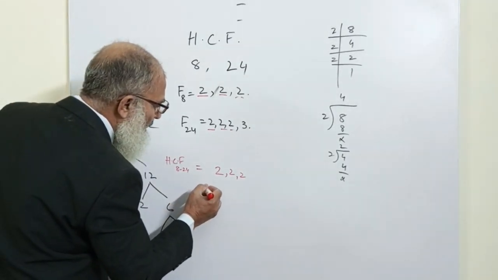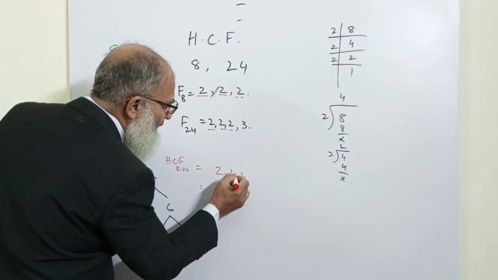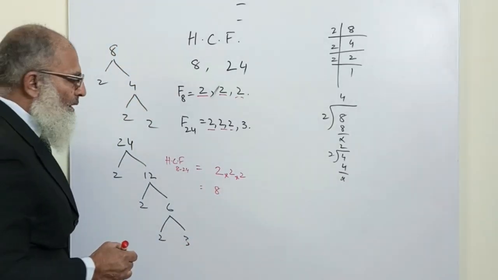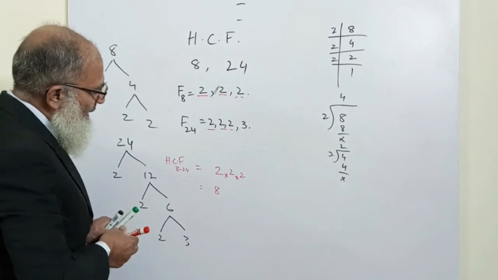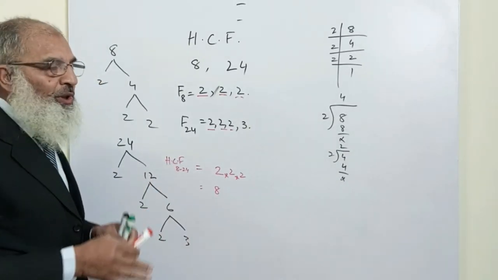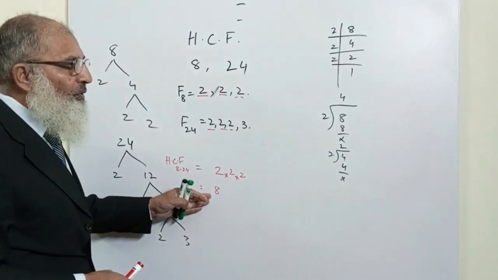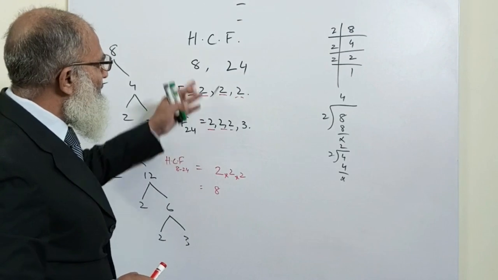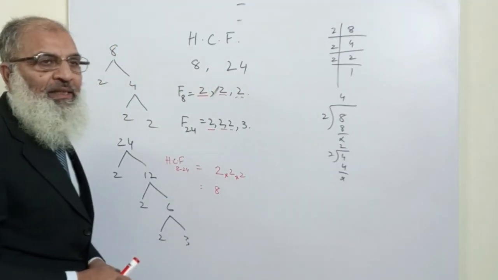So we just multiply all these, what we get is 8. So our answer is 8, because what I told you is that I want to get a number which can divide both these numbers.